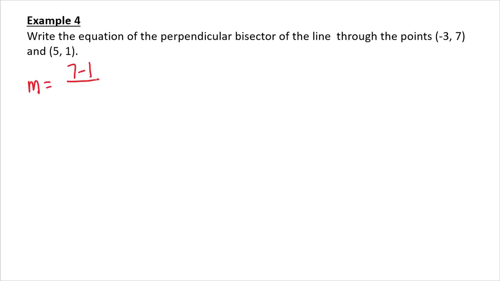7 minus 1 over negative 3 minus 5. Okay. So my perpendicular slope is going to be 4/3. Now remember that your perpendicular bisector goes through the midpoint.